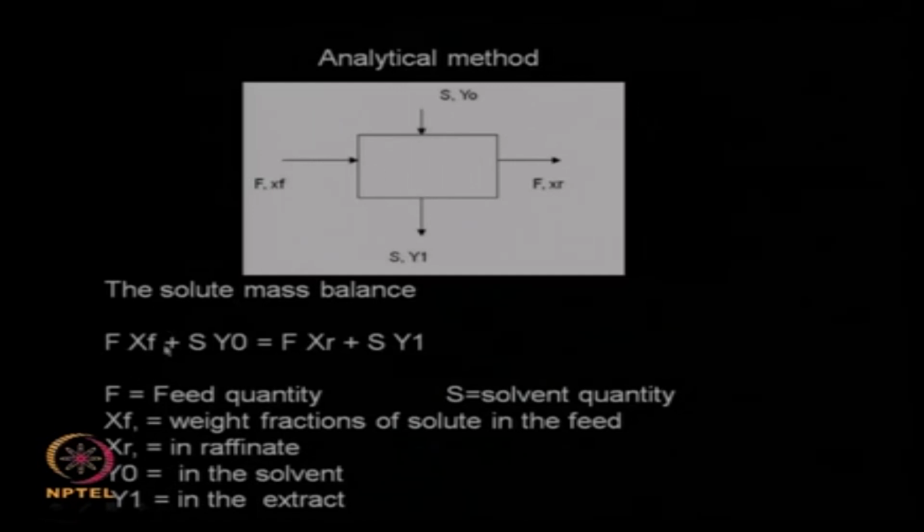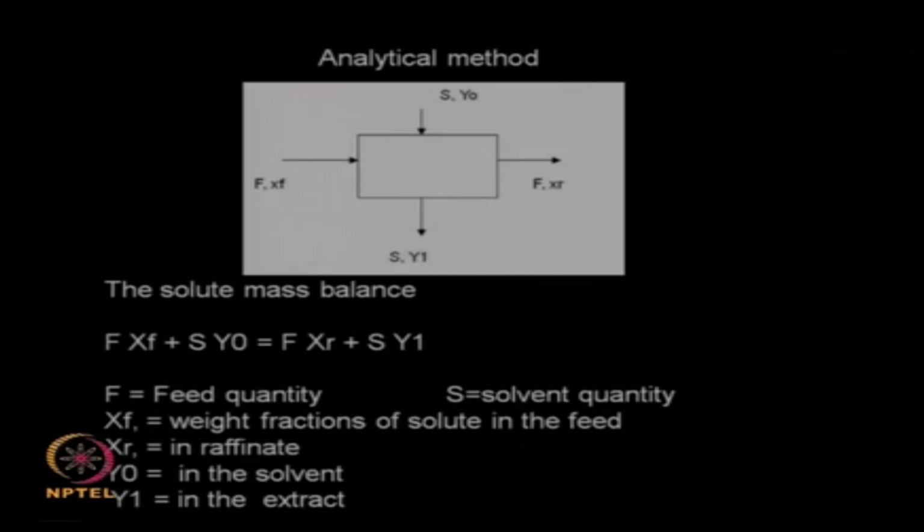Now, there are two streams leaving your stage, one is the solvent, the other is the raffinate. So, again you can do a mass balance on this side, F Xr plus S Y1. This is your entire overall mass balance for the solute: inputs equal outputs.